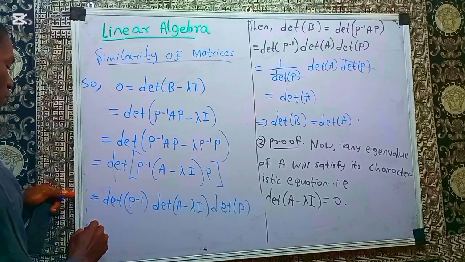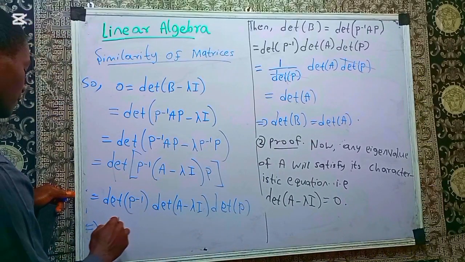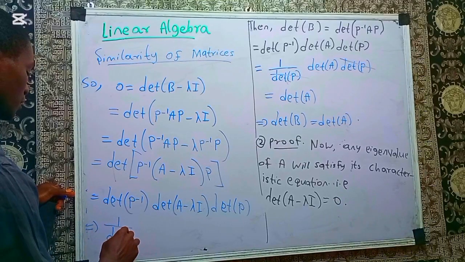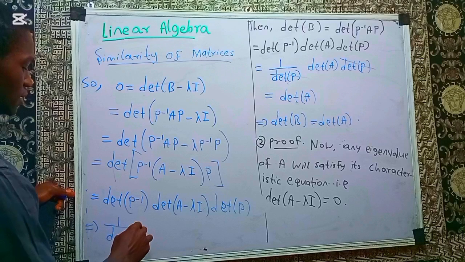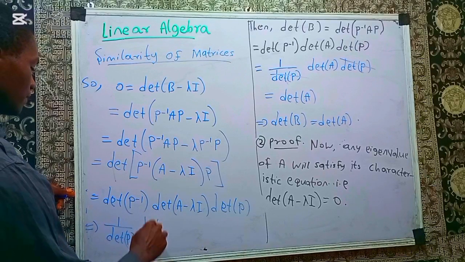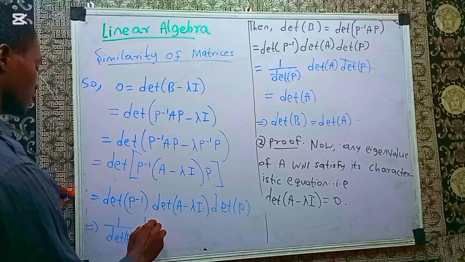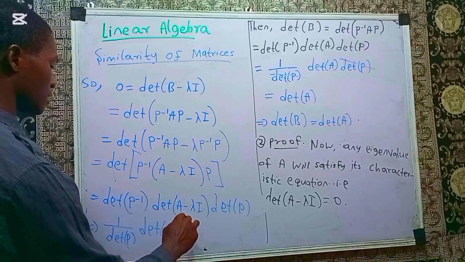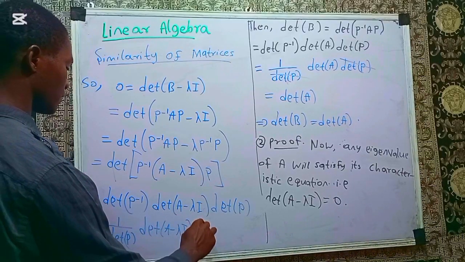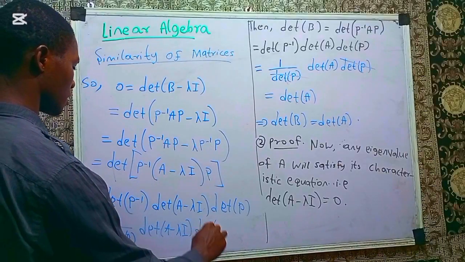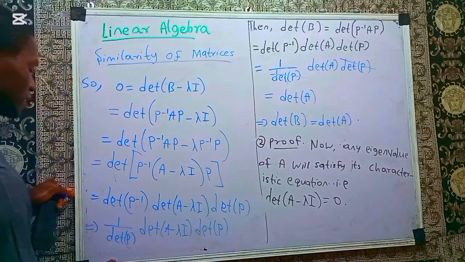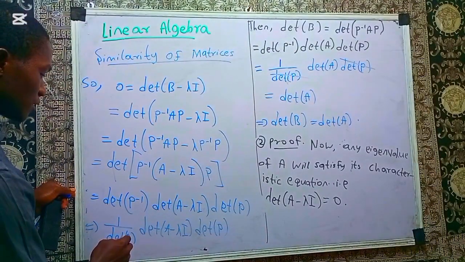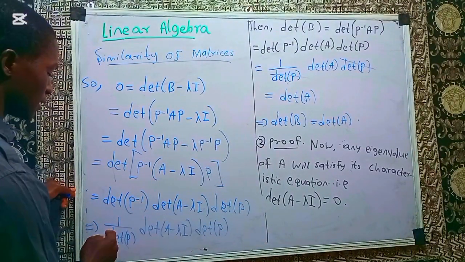So this will be equal to, the determinant of the inverse of a matrix is the inverse of the determinant. So this is the inverse of the determinant of P, right? Multiplied by the determinant of A minus lambda I, multiplied by the determinant of P.